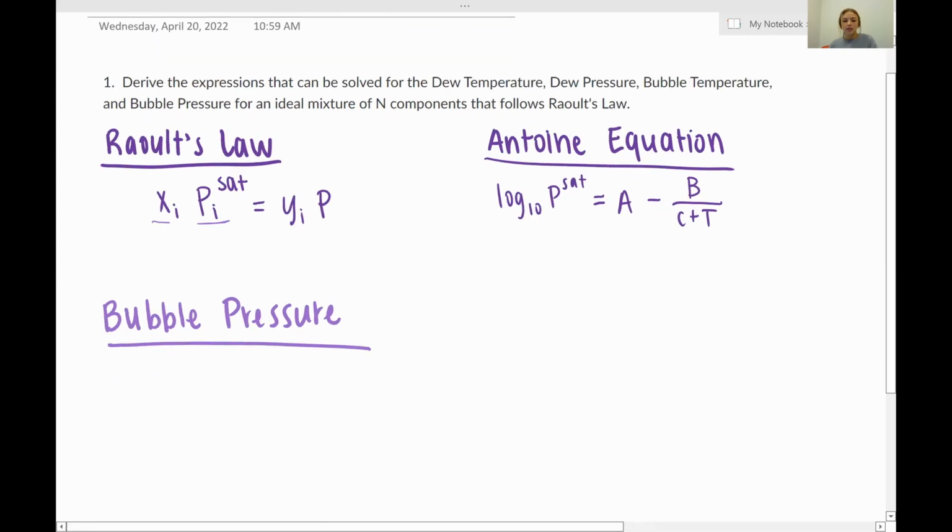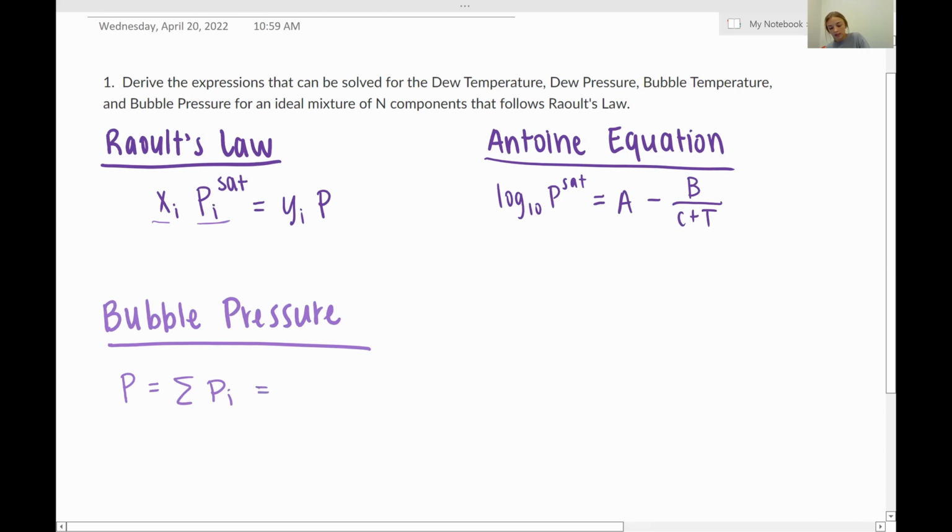So looking at Raoult's law, we have the entirety of the left-hand side of the equation. And the right-hand side of the equation is just partial pressure. And if you remember from basic chemistry, the total pressure is equal to the sum of the partial pressures.